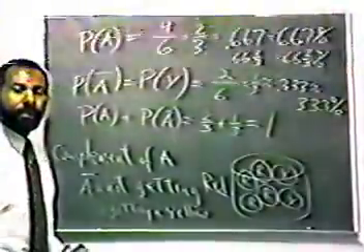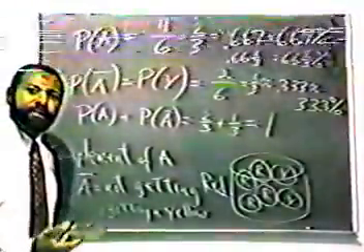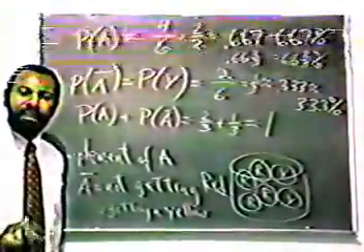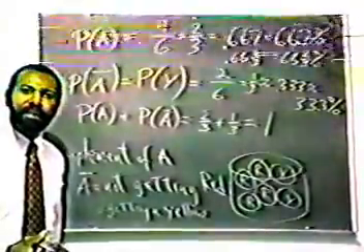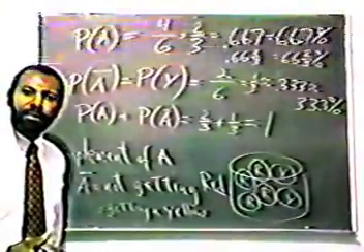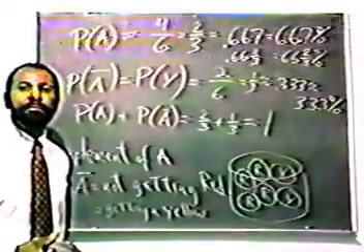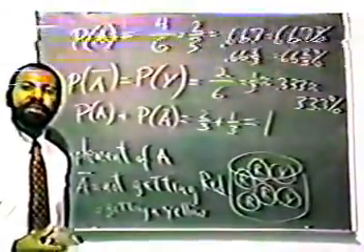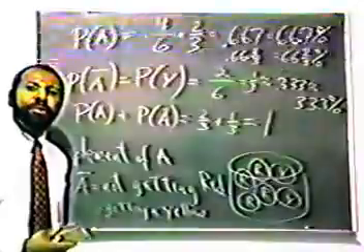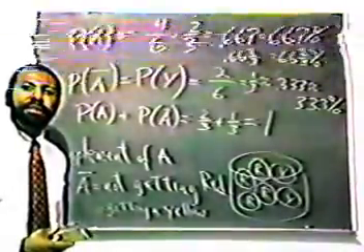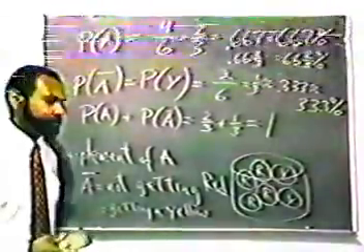When you add the probability of an event to the probability of the complement of that event, you always get 1, because the complement represents everything that's left over. The probability of the complement is everything that's left over after you consider the probability of the event itself.